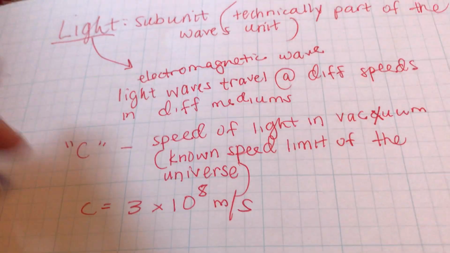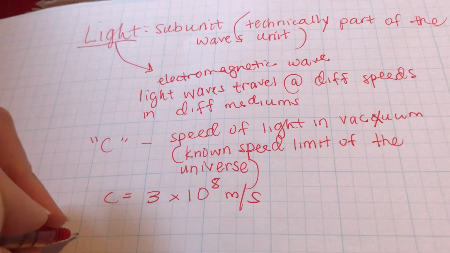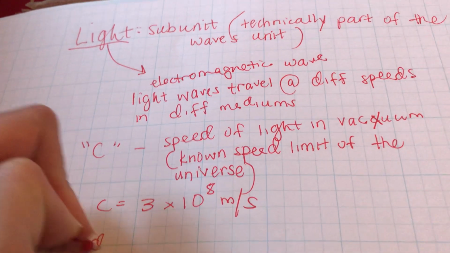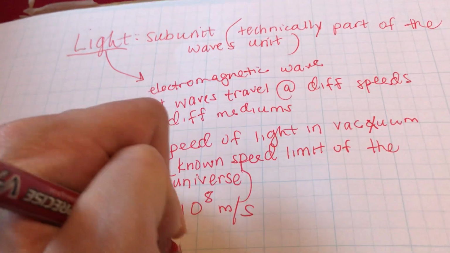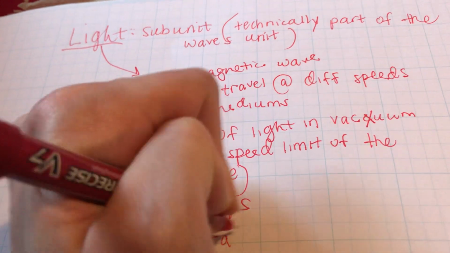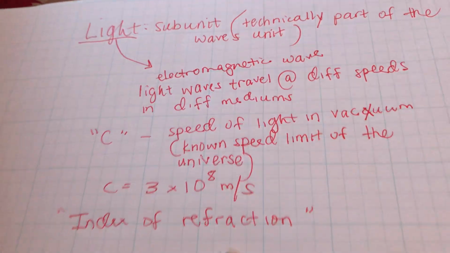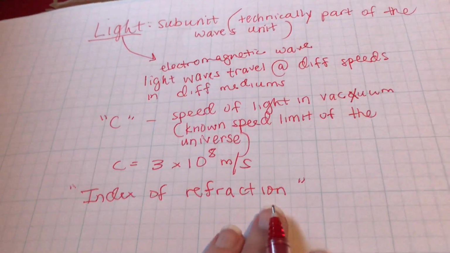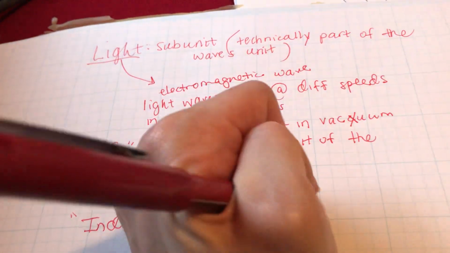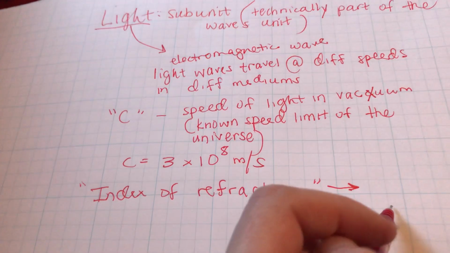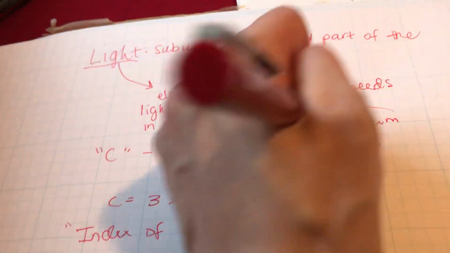So we're going to talk a little bit about something called the index of refraction. And this means nothing to you yet. So the index of refraction is essentially a measure of how much a medium differs from a vacuum.